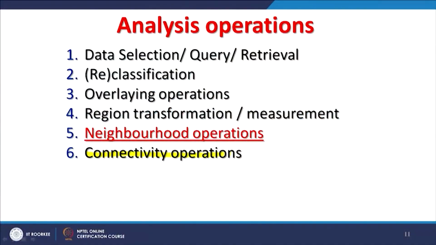So, that basically completes our measurement part, and now we come to a lengthier discussion about the next two topics. One is the neighborhood operations and another one is the connectivity operations. Connectivity involves network analysis, and we will have two lectures on network analysis.